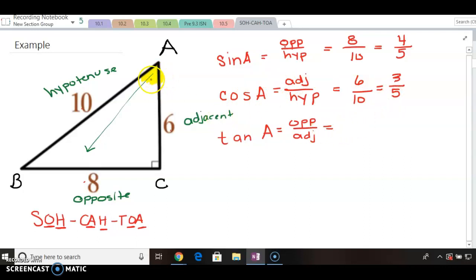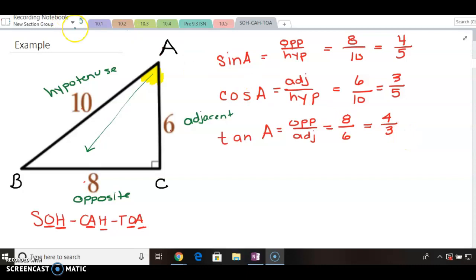Okay, tangent of angle A is opposite over adjacent, always opposite over adjacent. So opposite of angle A is 8. My adjacent of angle A is 6, and if I reduce that, tangent of A is 4/3.